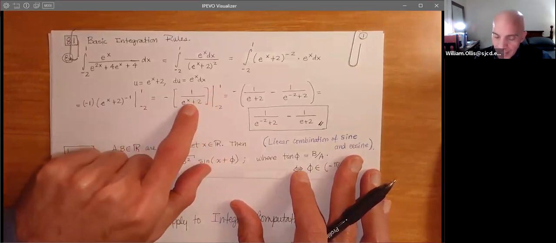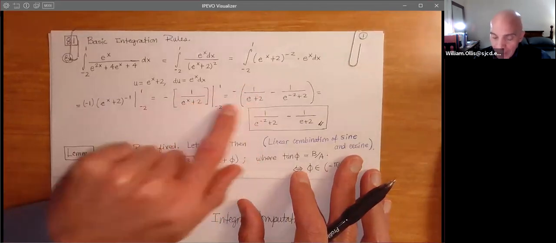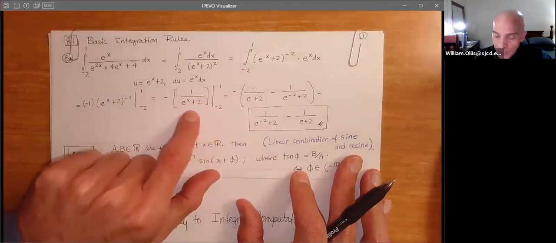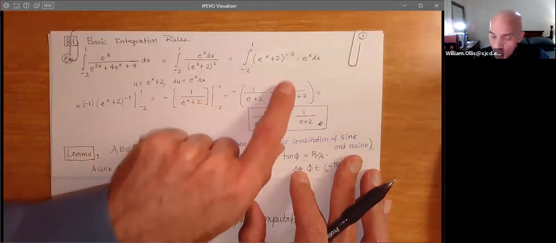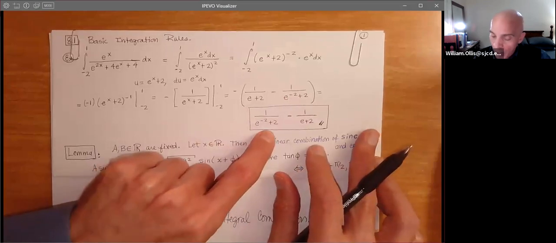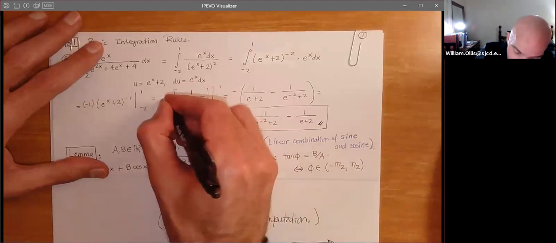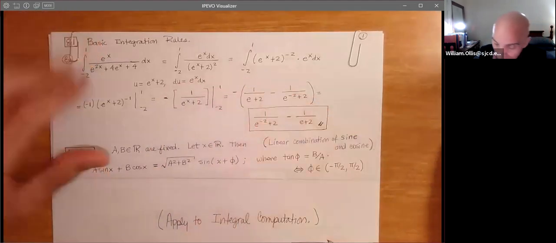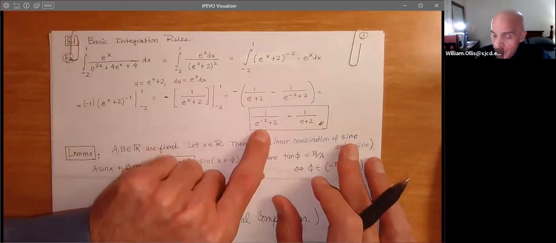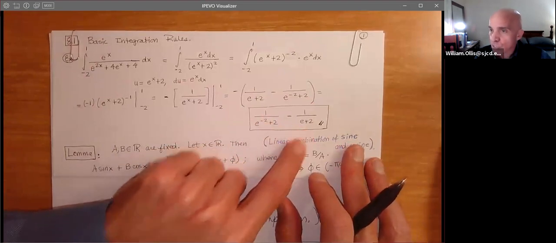So of course, we replace x with 1, and we just get e plus 2 reciprocated. And then, of course, we replace x with -2, and we get -1 over e^(-2) plus 2. And so, if you will, you can just flip this around. Notice this negative outside will transpose everything. So now we have the e^(-2) plus 2 reciprocated minus e plus 2 reciprocated.